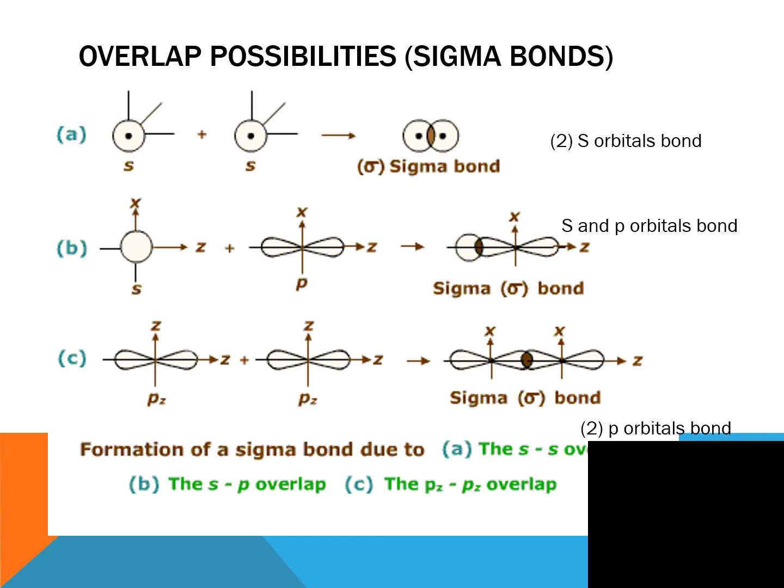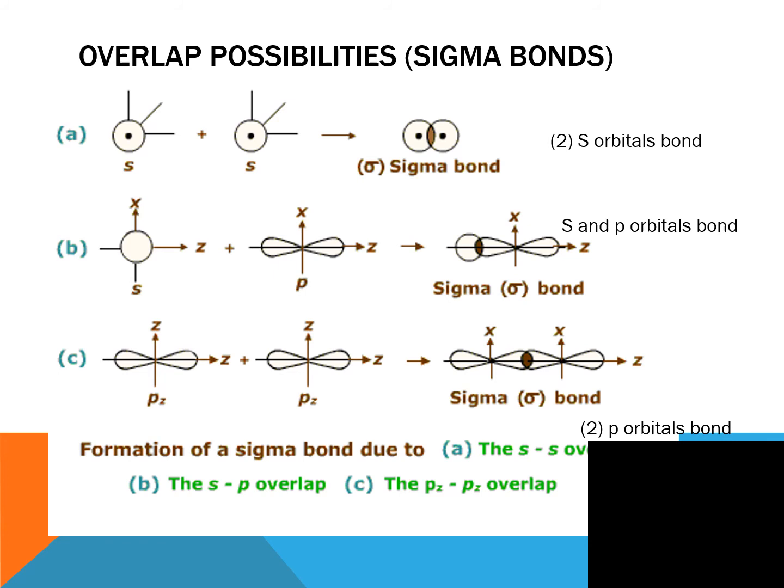So these are your types of possible bonds. These are your sigma bonds. So sigma bonds can form with just 2 s orbitals, back and forth, like H2, diatomic hydrogen. It's only the s, so only the s gets hybridized.